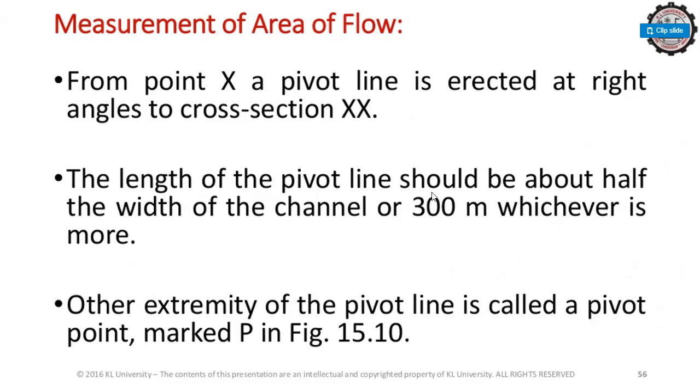From point X, a pivot line is erected at right angles to the cross-section. The length of the pivot line should be about half the width of the channel or 300 meters, whichever is more. The other extremity of the pivot line is called the pivot point, marked P.